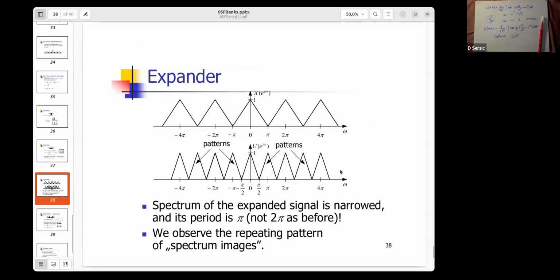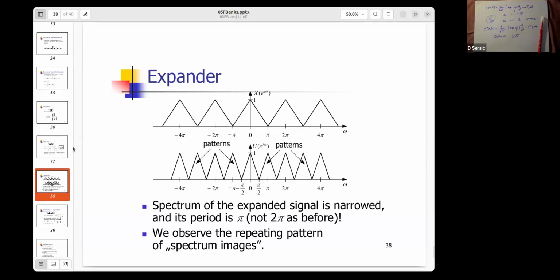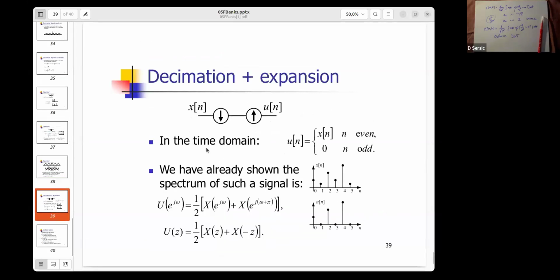So how does it look if in the upper row the spectrum of some signal is depicted? After inserting zeros, it is narrowed and repeated. So this is what happened. We have that repeating pattern of spectrum images after inserting zeros. In our filter bank, we are going to have decimation plus expansion. So on the analysis part, we will have decimation.